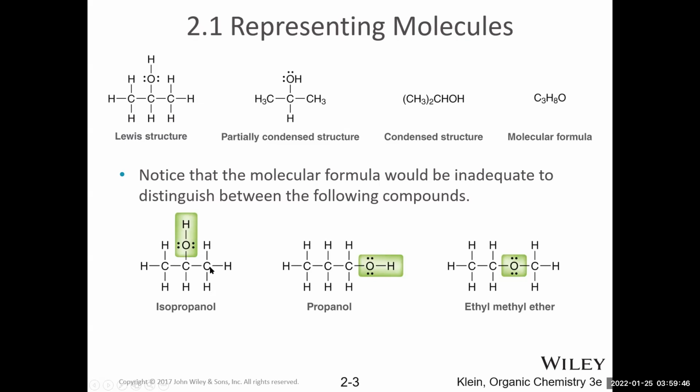We've just moved it over here to one of the end carbons and then replaced the hydrogen that was attached there back to the central carbon. So you can think about taking either one atom that's attached and moving it around to another position, or multiple atoms attached and moving them around. So switching around the way that the atoms are bonded together.